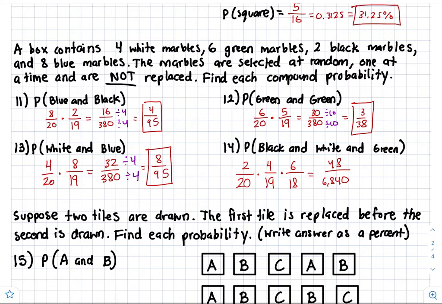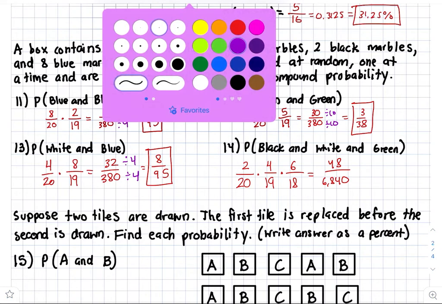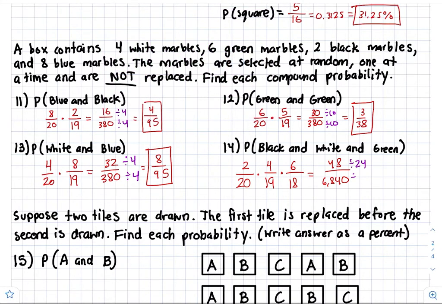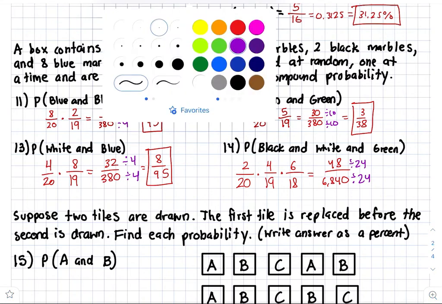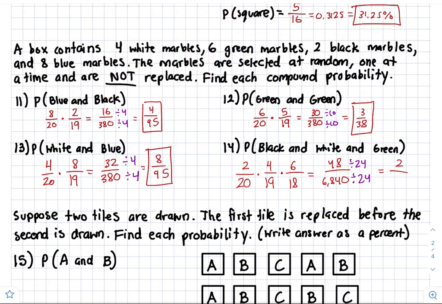So I believe you guys can divide top and bottom. It's kind of like you have to guess and check. No. I think you guys can divide top and bottom by 24. And if you guys do that, you'll get 2 all over 285, since 6,840 divided by 24 is 285. That's the probability of getting a black, a white, and then a green. Pretty low chances.